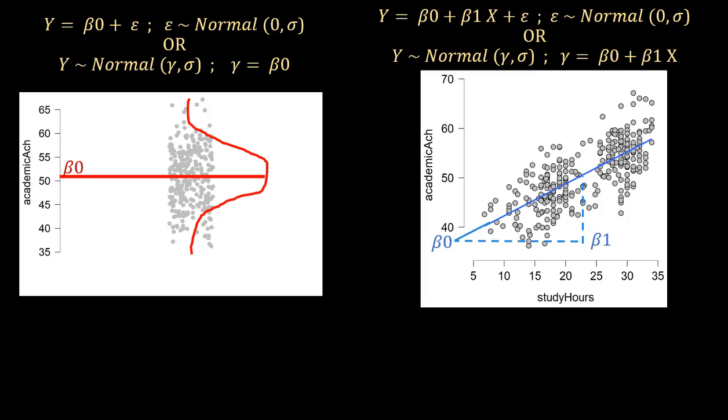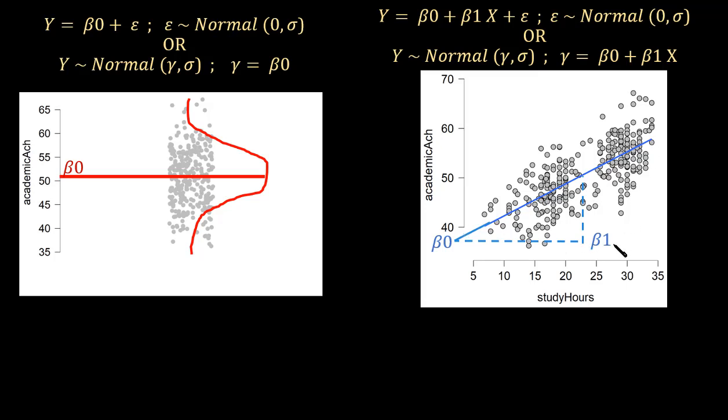Before doing that, remember that beta 1 is the slope of the line. If this line were like there, the slope would be 0 because it's in a diagonal.